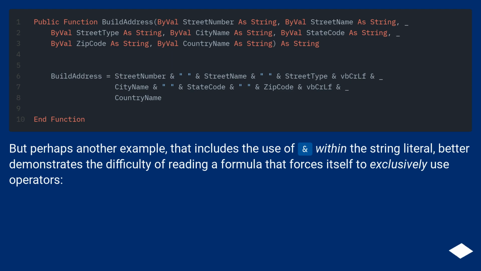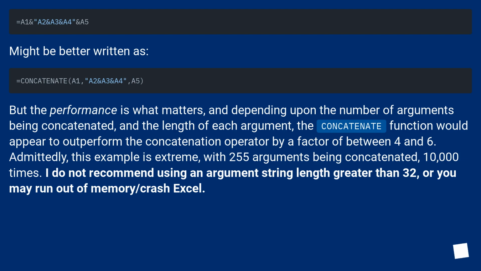But perhaps another example, that includes the use of an & within the string literal, better demonstrates the difficulty of reading a formula that forces itself to exclusively use operators. Might be better written as.